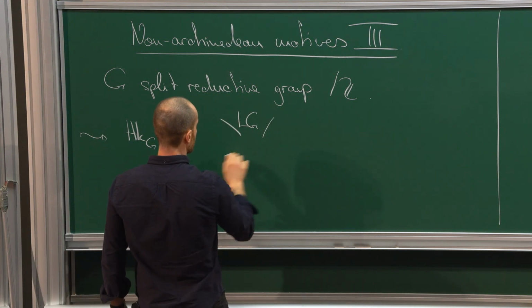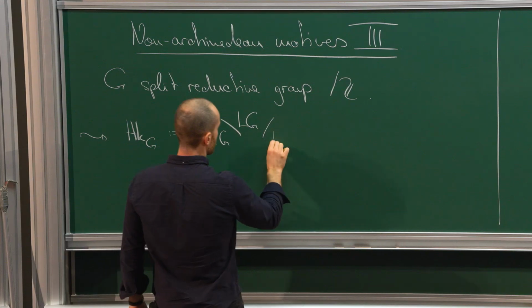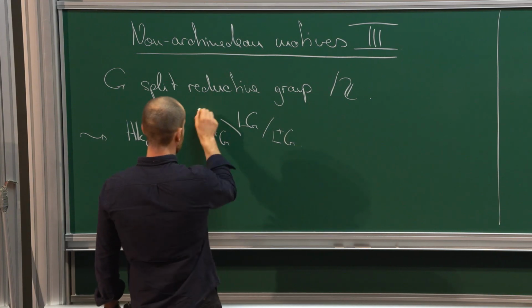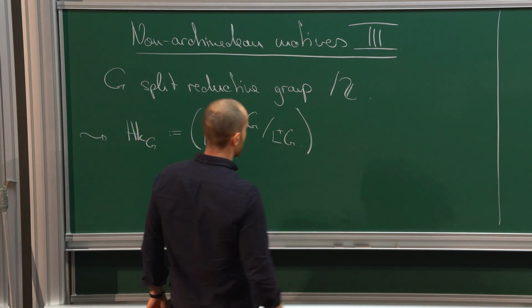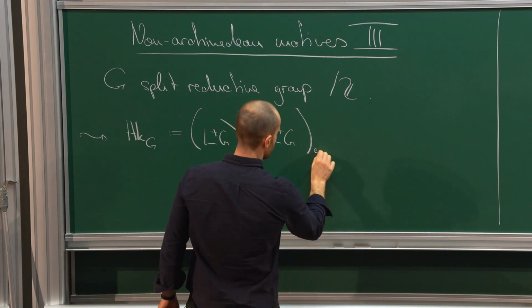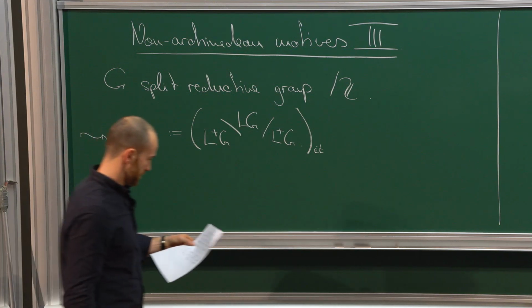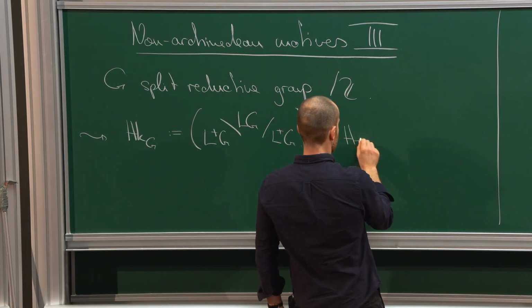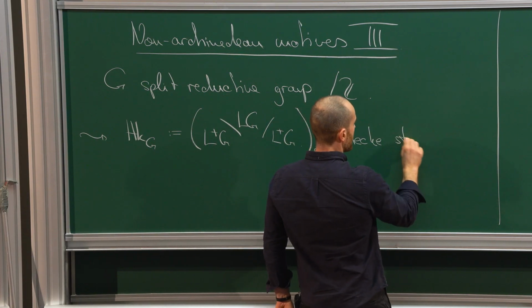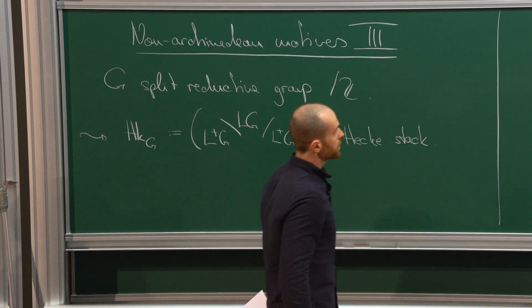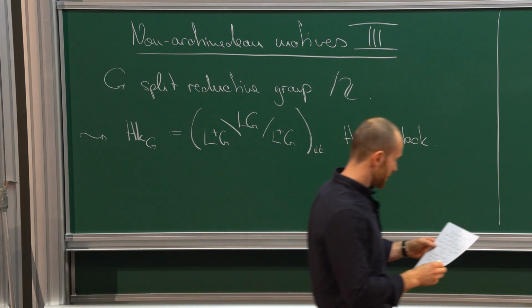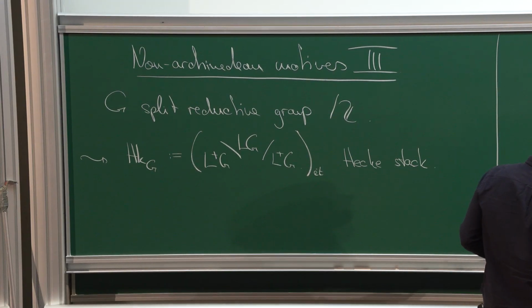So it's the double quotient of the loop group by the positive loop group, and it parameterizes modifications of G-bundles on the disk. It's the Hecke stack. And what I talk about today is the following theorem.